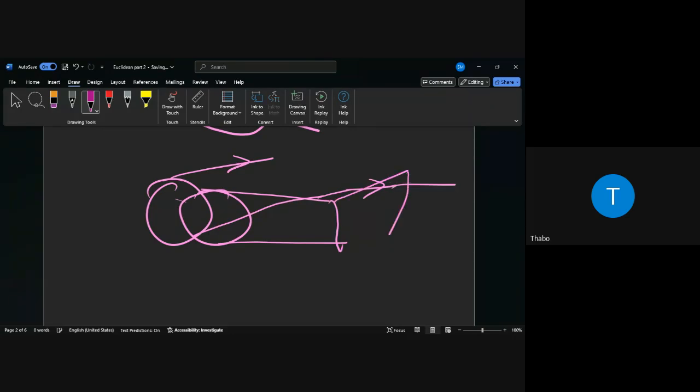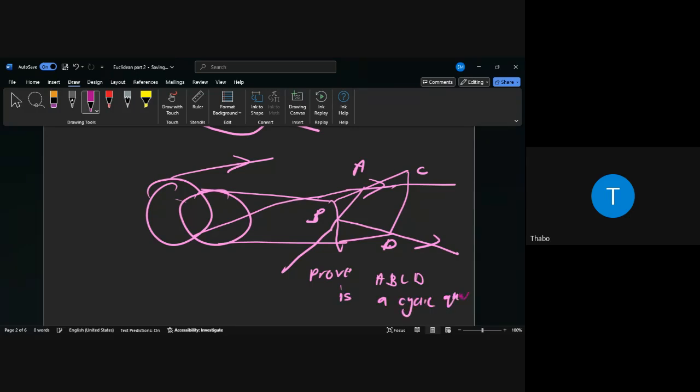So there is a four-sided figure in the chaos here. It's called ABCD. They say prove ABCD is a cyclic quad. We're gonna do questions with you guys.